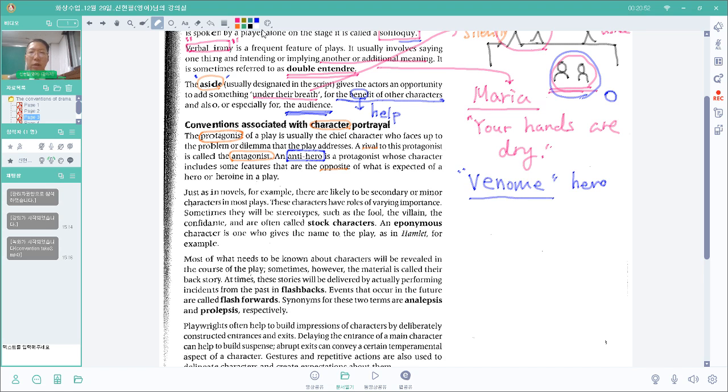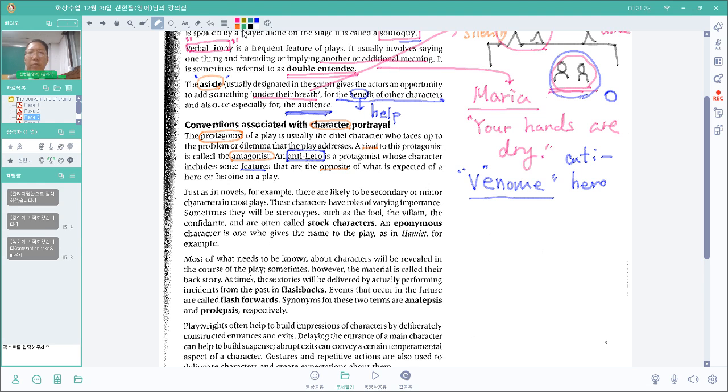He tries to save the world, but sometimes Venom has to eat human beings in order to sustain his own life. Mostly he tries to save the world, but sometimes inevitably he has to eat humans. A traditional conventional hero doesn't eat or kill humans; they only help people. But Venom has some features that are a little bit different from a traditional hero, and we call them an anti-hero. Okay? And just as in novels, for example, there are likely to be secondary or minor characters in most plays.